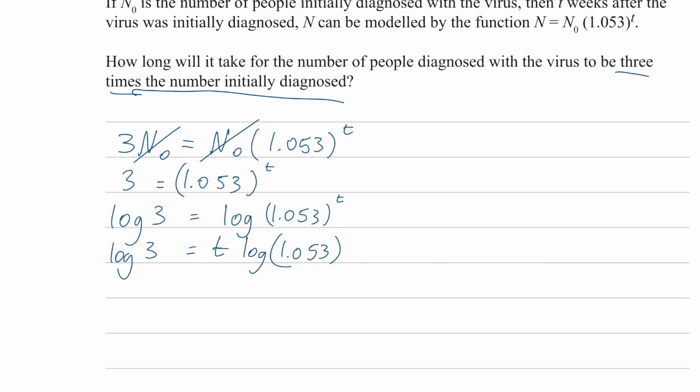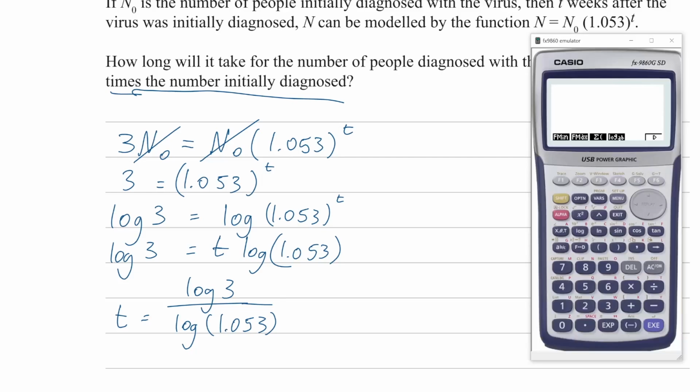And now we can divide both sides by log of 1.053 to get t equals log of 3 divided by log 1.053. And now it is actually good enough to just leave your answer like that. However, we can compute it.